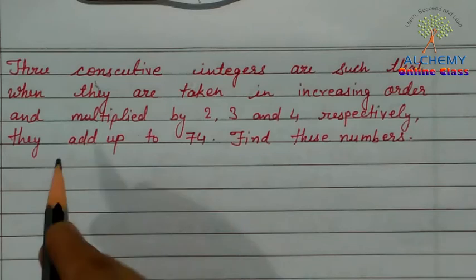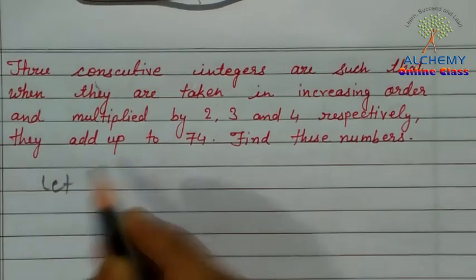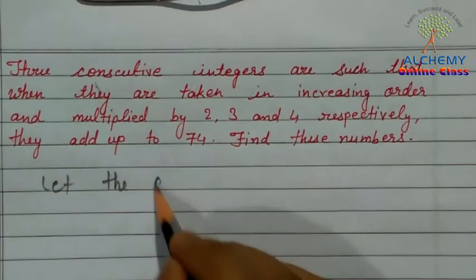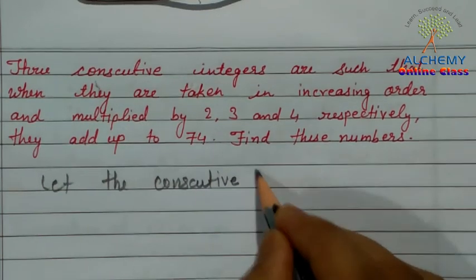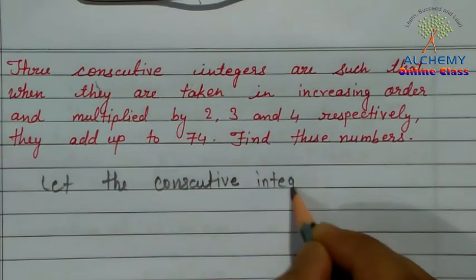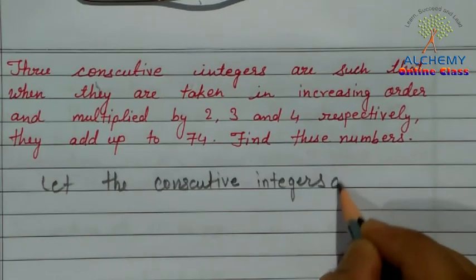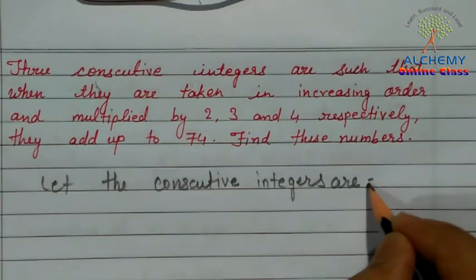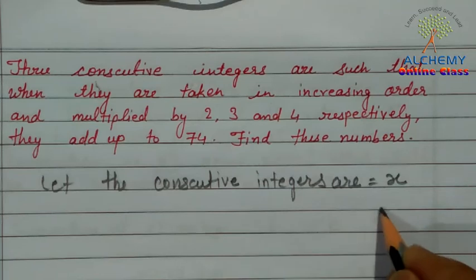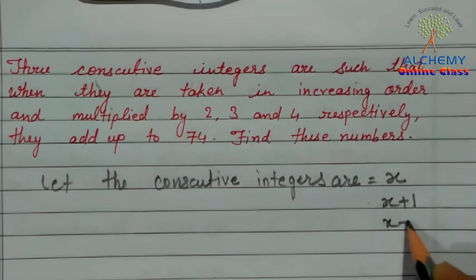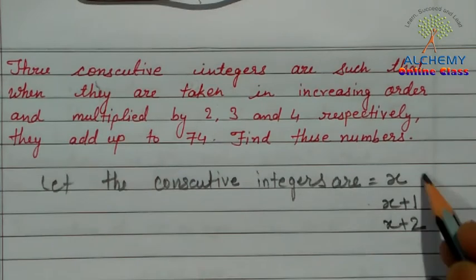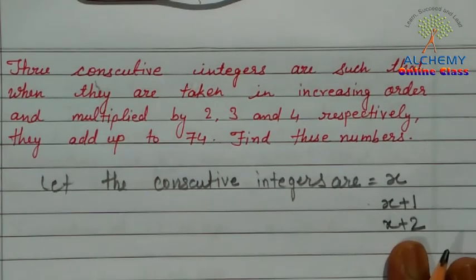Okay, so let the consecutive integers be x, x plus 1 and x plus 2. So these are the three consecutive integers we have.